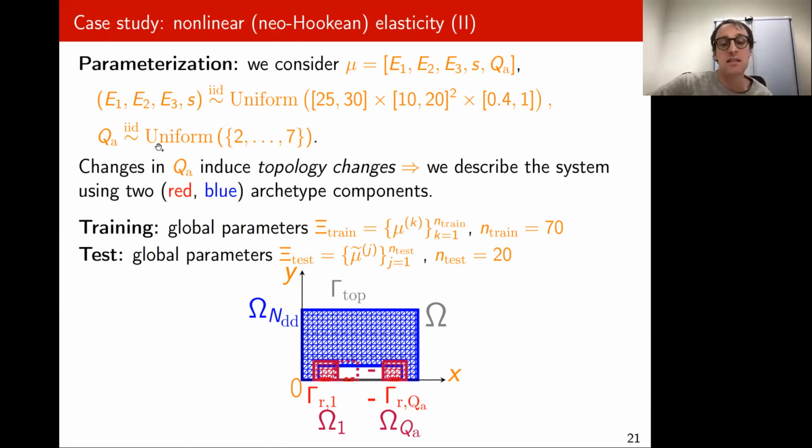You can see that if we change QA, so if you change the number of repositories on the bottom side here, this induces a topology change, so we cannot directly use standard monolithic model reduction techniques. In this test case, we don't do any localized training, so we rely on global parameters and global solves to build the local approximation spaces.